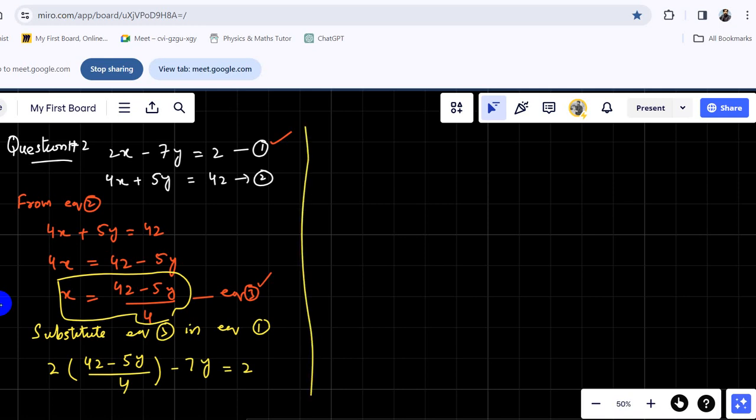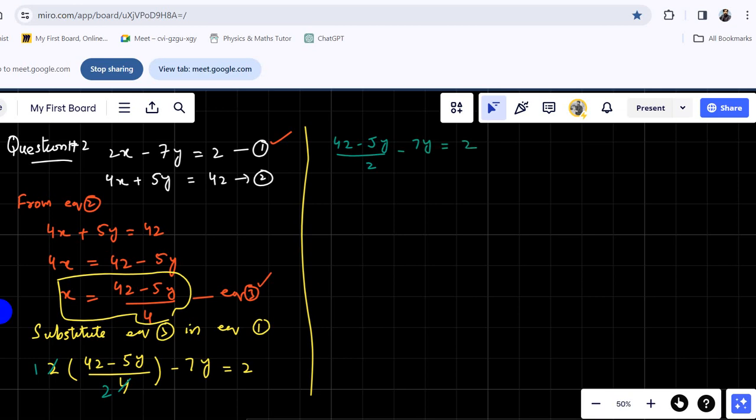So now just simplify this. Can I cancel this? 2 and 4. Sorry, it's 2 times. So the new equation will be 42 minus 5y upon 2 minus 7y equals 2.